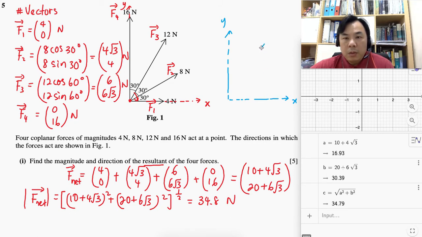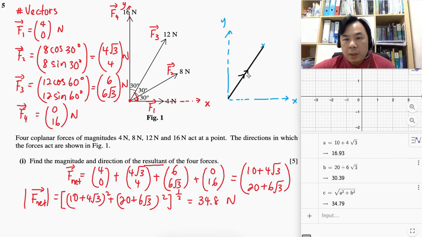So the resultant force will look something like this. So this one will be our resultant force.